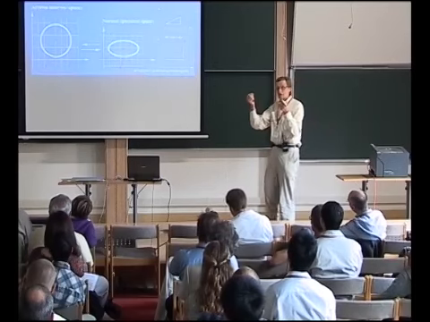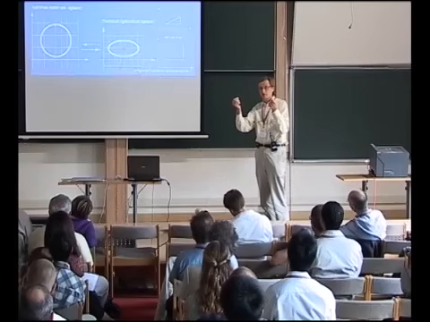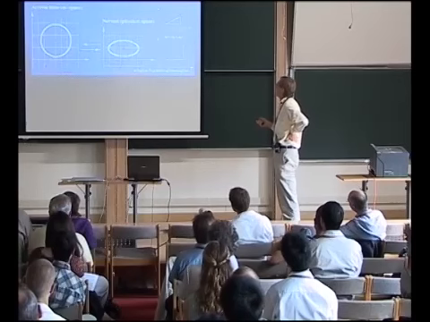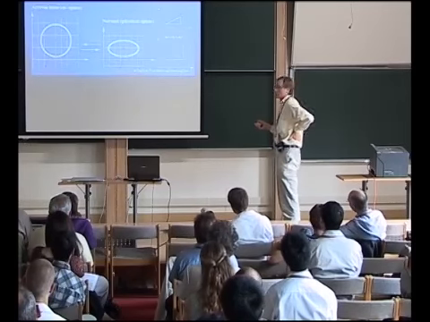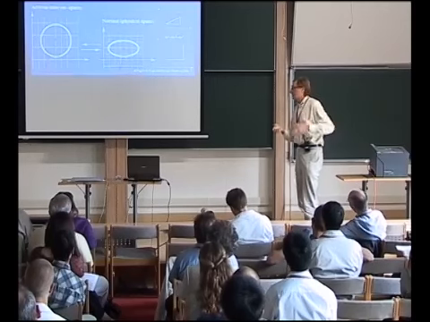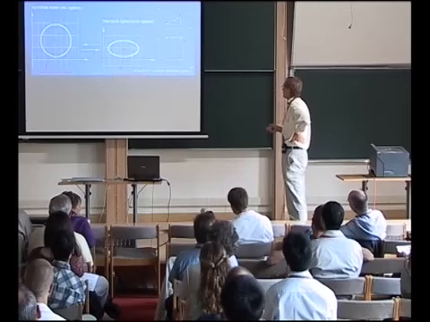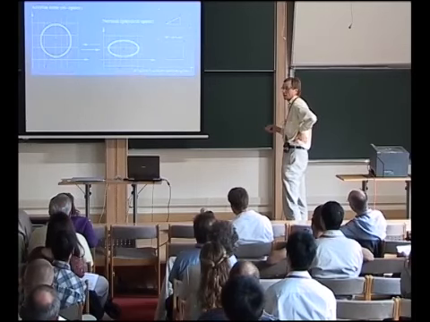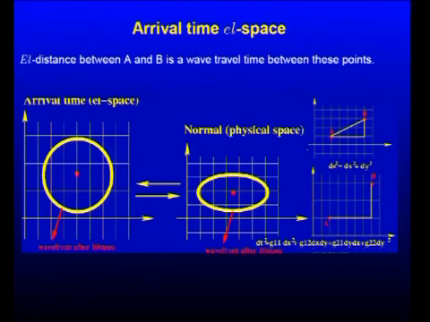Okay, so how can we put it mathematically? One way of doing this is the introduction of the so-called arrival time space, or L space. In this space, we measure the distance between two points not in centimeters, but in milliseconds, as the travel time of the wave from point A to point B. It is easy to see that this space gives you exactly the rescaling you want.